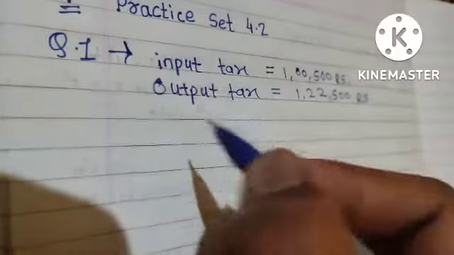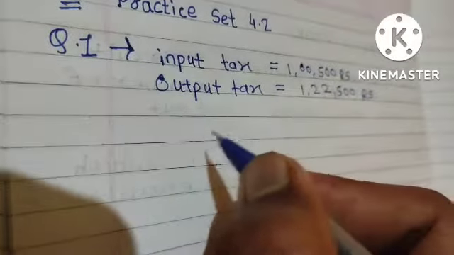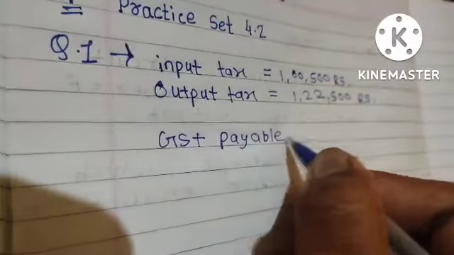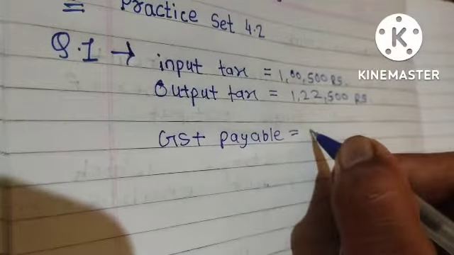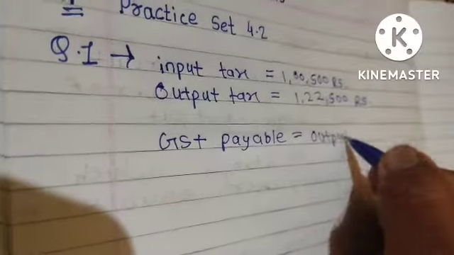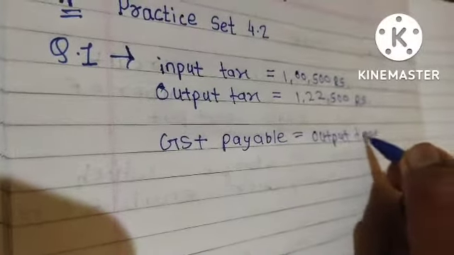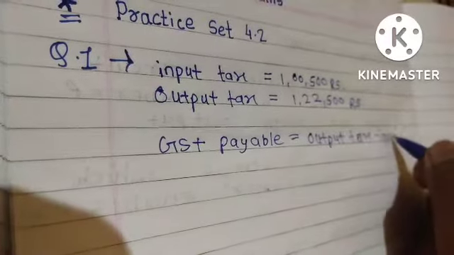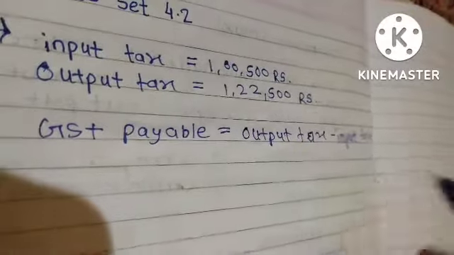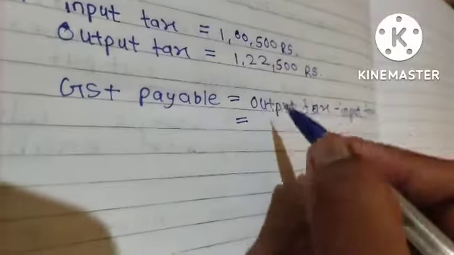As we know, the formula of GST payable is equal to output tax minus input tax. So put the values.